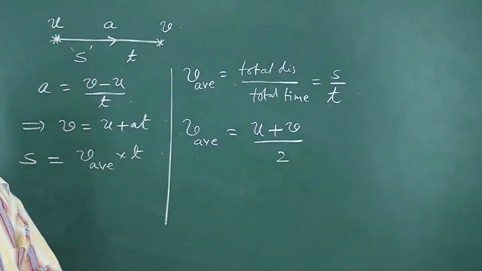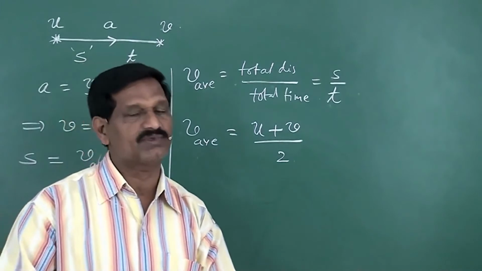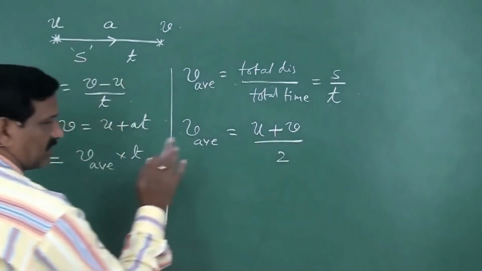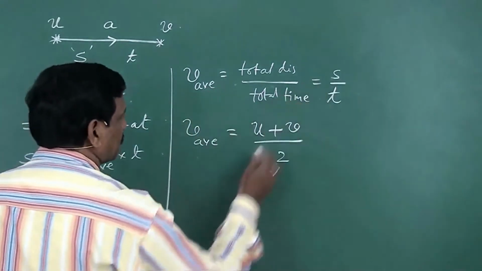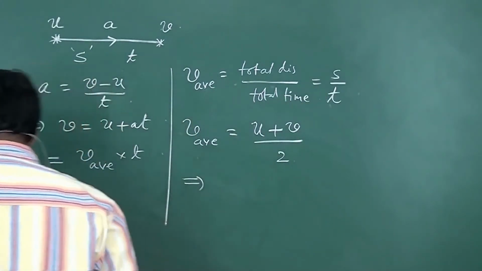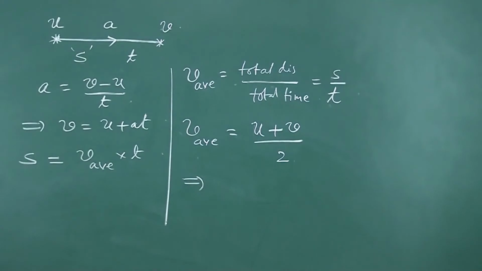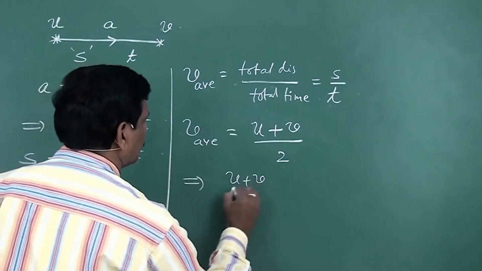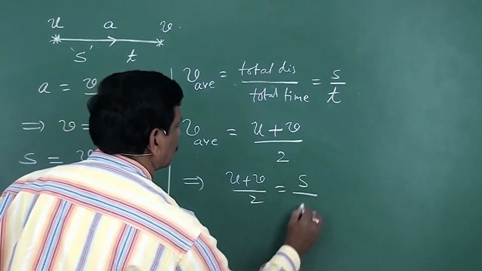Average of two terms means the sum of the two terms divided by 2. So this is average velocity. Here both are the same, that means u plus v by 2 is equal to s by t.